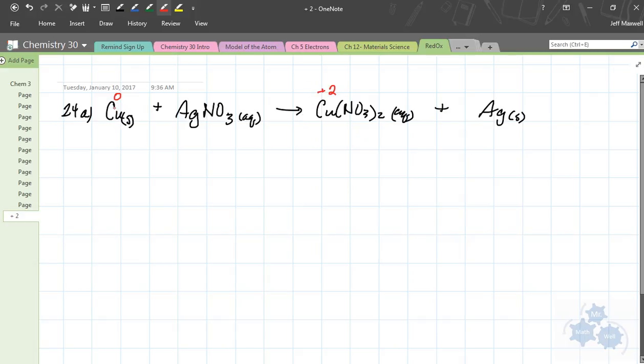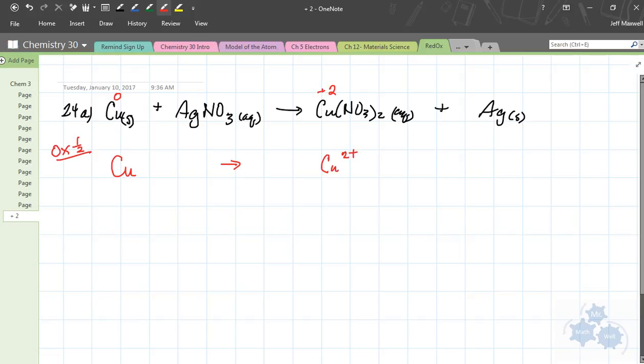And is it being oxidized or reduced? It's losing electrons, so, Leo, lose electrons, oxidized. So we're going to do the oxidation half, this is sort of what I do. The oxidation half is going to involve copper, and leave some space, write an arrow, and then write your Cu2 plus over here.